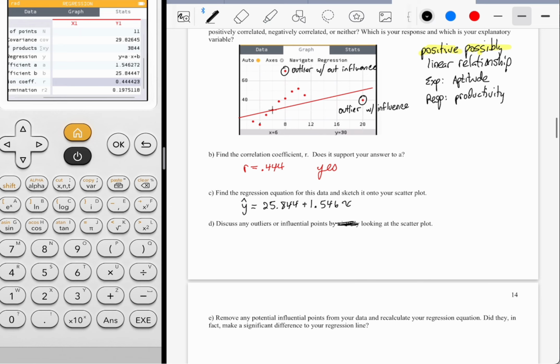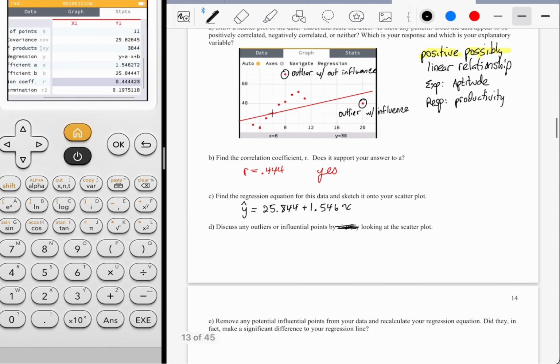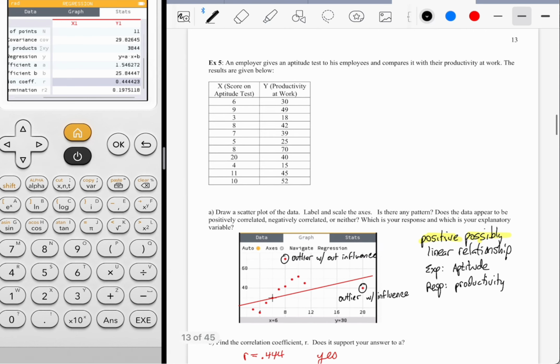So yeah, it appears that this point and this point: the one in the neighborhood of the x value of 8, so that would be 870. We've already marked these on the graph, so that should be good enough. And then 2040. The 870 and the 2040.